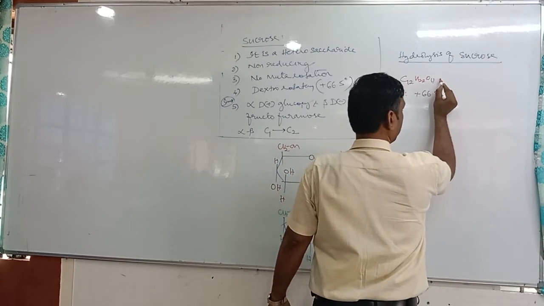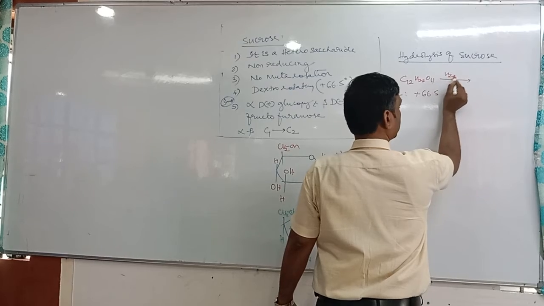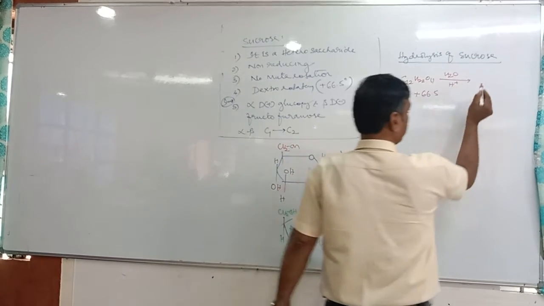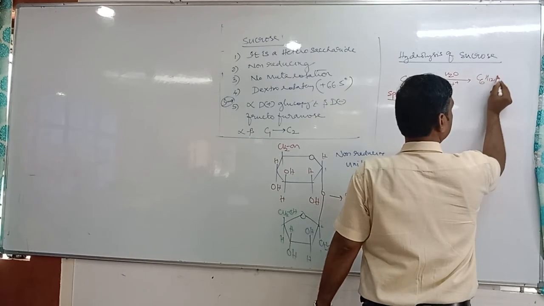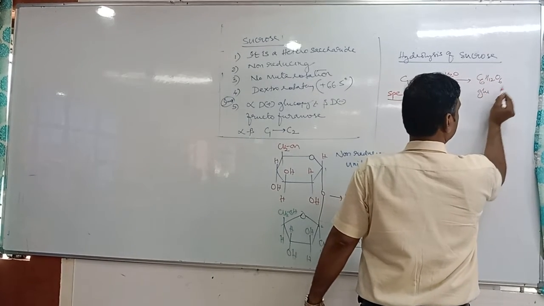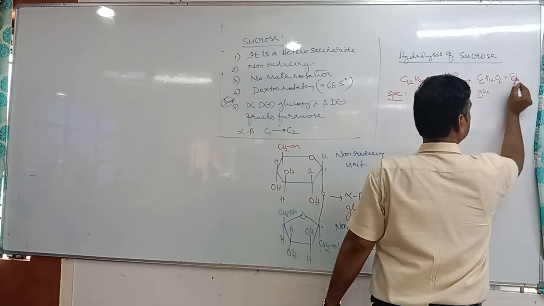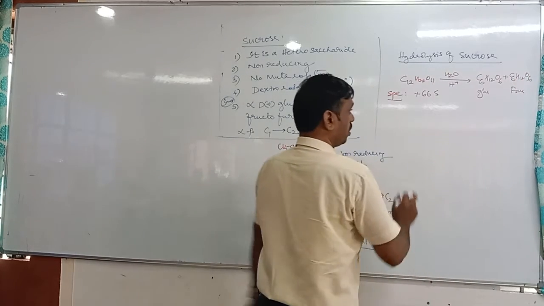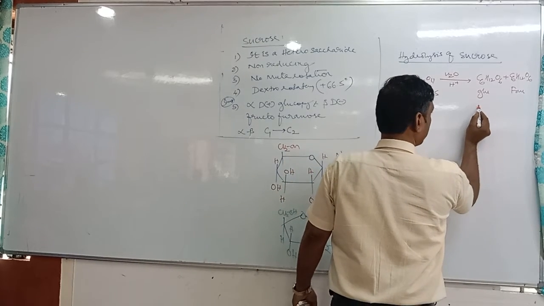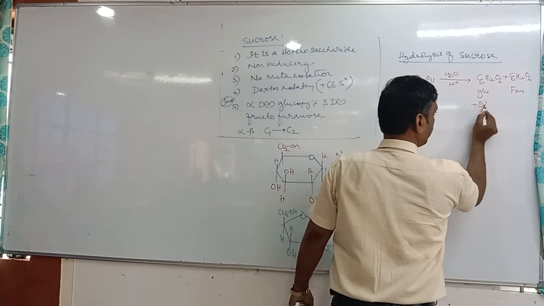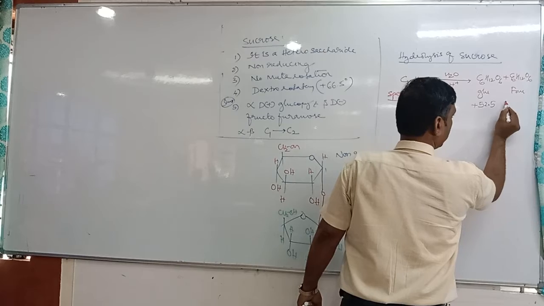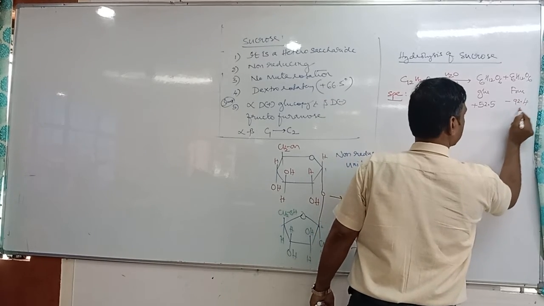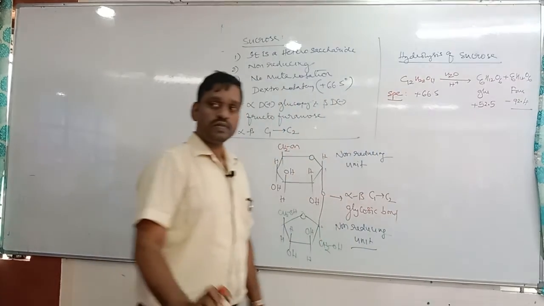On hydrolysis, reaction with water in the presence of boiling water and any dilute acid, it gives rise to C6H12O6, which is called glucose, and C6H12O6, which is called fructose. The specific rotation of glucose is plus 52.5 and that of fructose is minus 92.4, approximately.